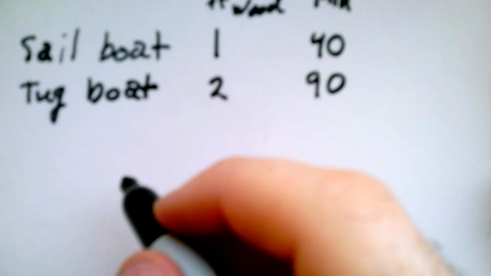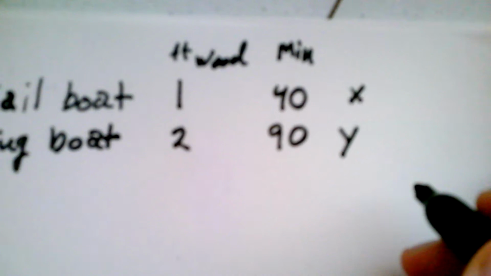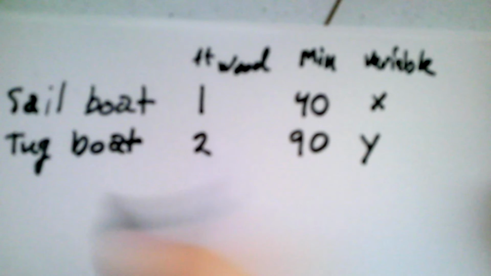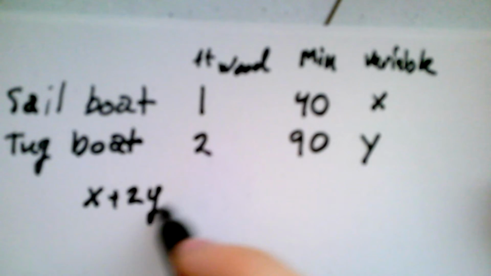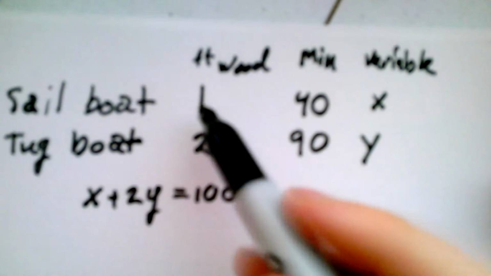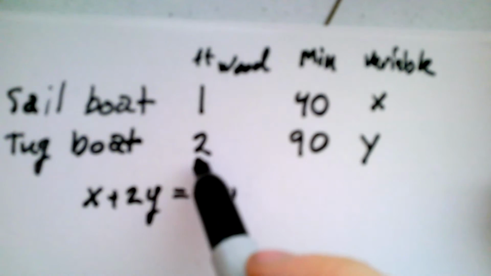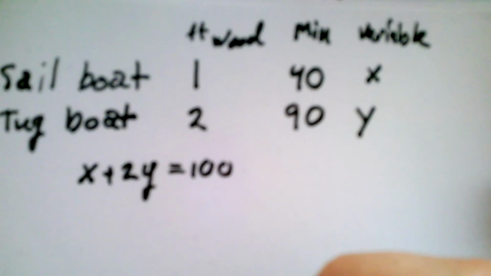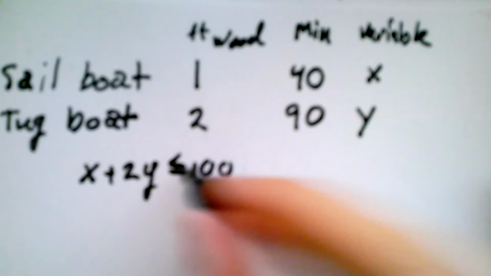So that means that if we use X to represent the number of sailboats and Y to represent the number of tugboats, so these are our variables, that means that X plus 2Y has to be less than or equal to 100, because the number of sailboats times 1 foot of wood plus the number of tugboats times 2 feet of wood per tugboat gives us this as our constraint. It is less than or equal to 100, because he might not be able to use up all of the wood.